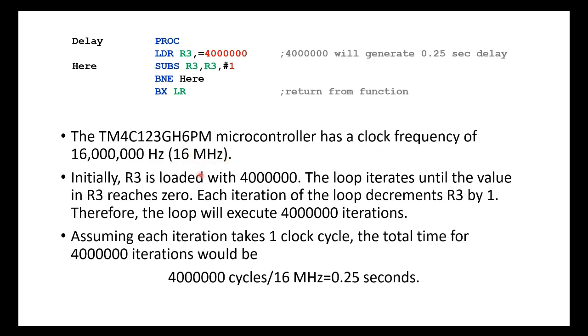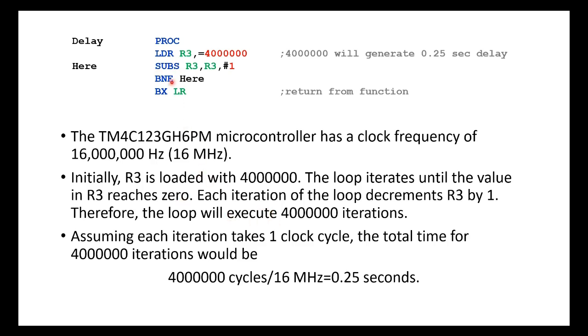Initially, register R3 is loaded with this value, 4 million. So the loop iterates until the value in R3 reaches 0. It will go around this loop 4 million times, 4 million iterations.